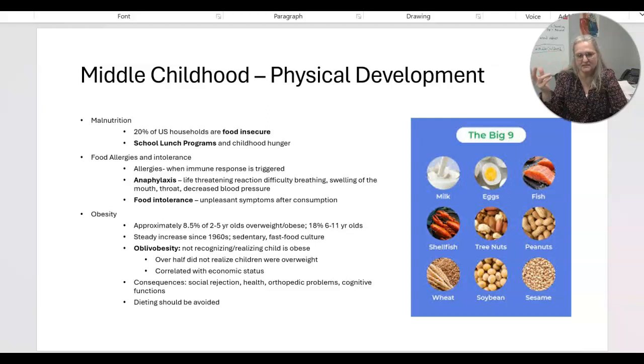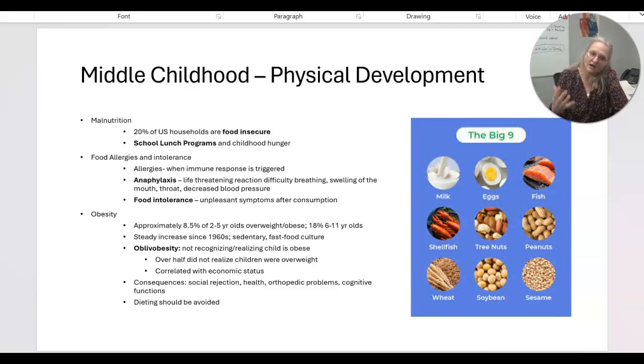And this simply speaks to the lack of awareness of what the measure of obesity and the measure of overweight is, and probably to the cultural phenomenon that so many Americans and so many children are overweight. We don't recognize they're overweight.